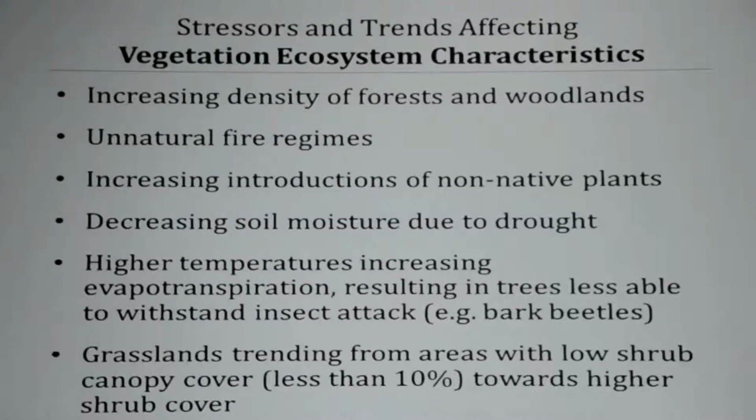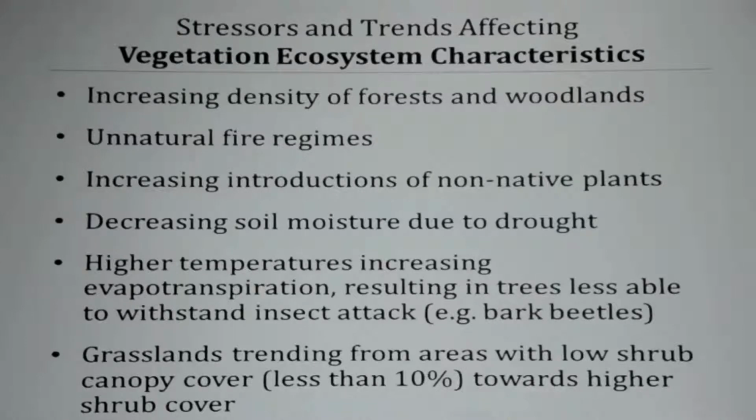And that sets up things like some of our insect problems, because our pines, the bark beetle example, don't have the moisture they need to have the sap they need to keep the bark beetle down. Higher temperatures, evapotranspiration is what's being affected and sets up the bark beetle problem.